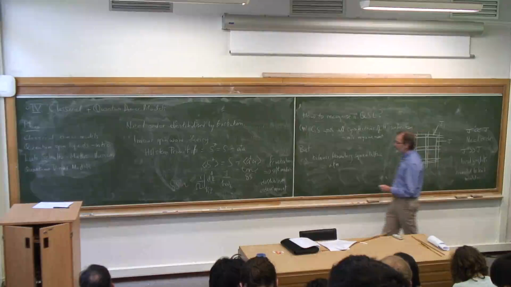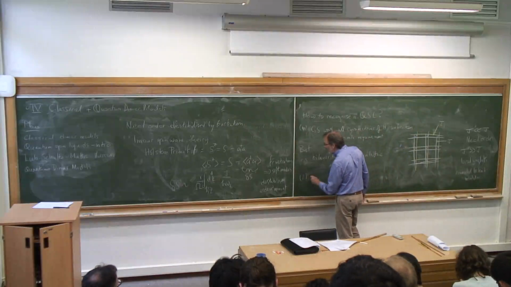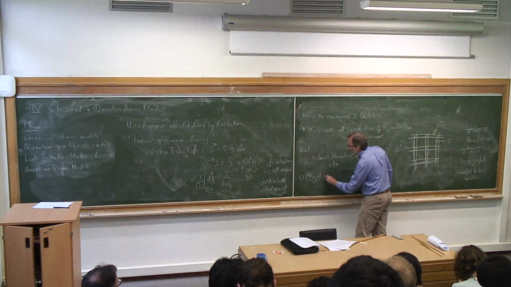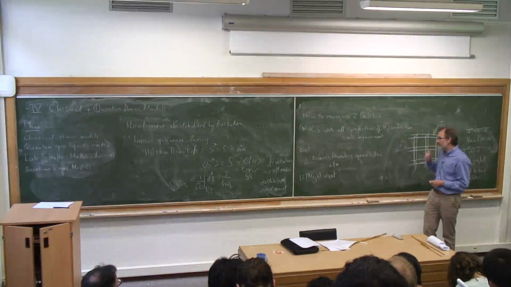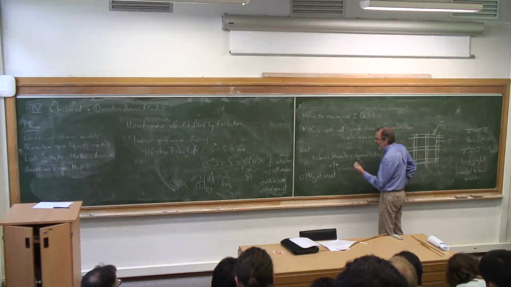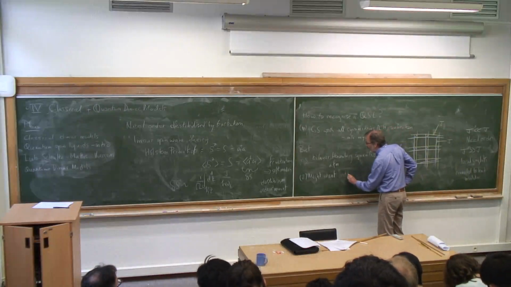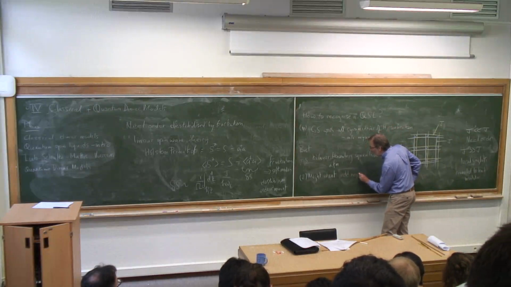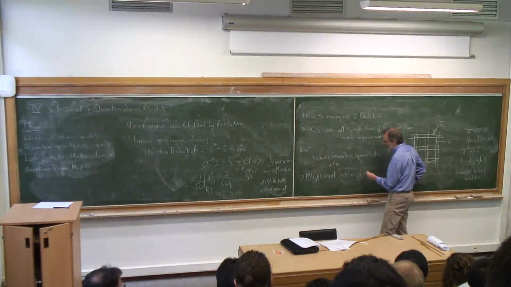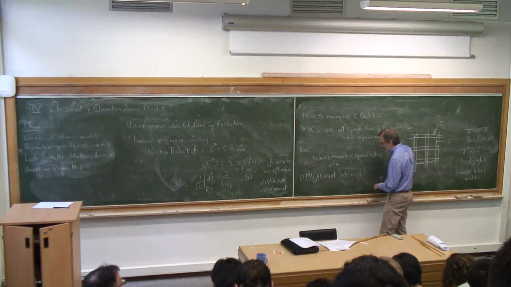So, something you might want to ask for when you're looking for quantum spin liquids is an odd number of half-odd integer spin per unit cell.